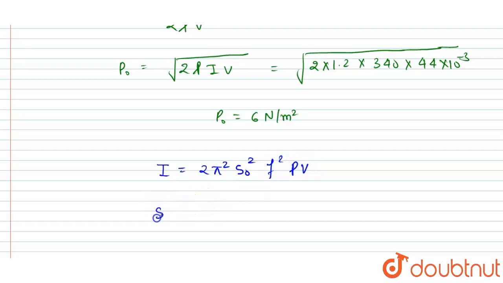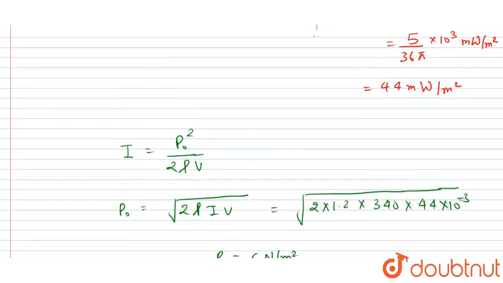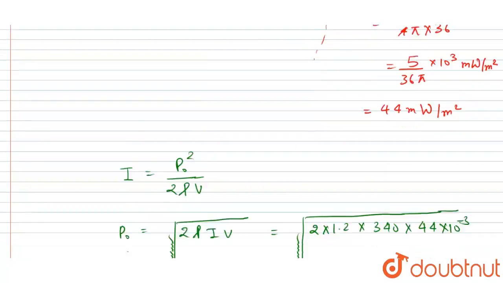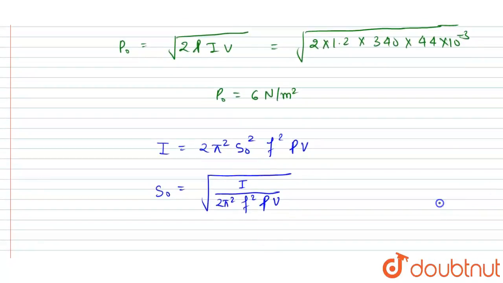So we can write down s naught is equal to the square root of I upon 2 pi square, frequency square, rho into velocity. Now you need to just put the values here. So rho, v, and frequency is 2000, right, and power 20. So intensity we already calculated, that was 44 milliwatt per meter square.